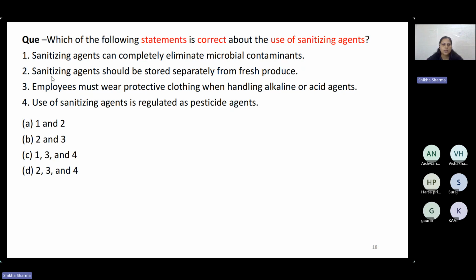Second, sanitizing agents should be stored separately from fresh produce. Third, employees must wear protective clothing when handling alkaline or acid agents. Fourth, use of sanitizing agents is regulated as pesticide agents.